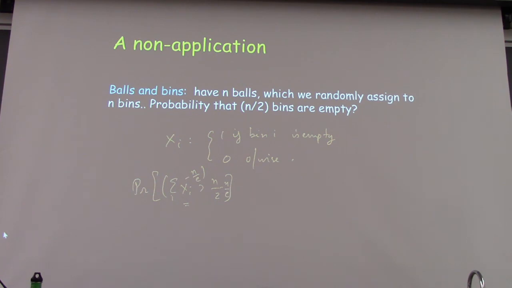Yeah, exactly. So basically these are not independent events. So xi and xj are random variables, and xi is not independent of xj. The reason is what he said, that if a bunch of bins are empty, then the likelihood that some other bin is empty is actually smaller than what it would have been to start with.